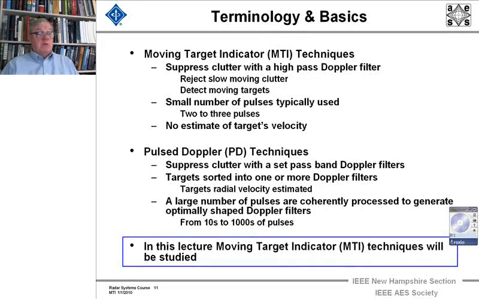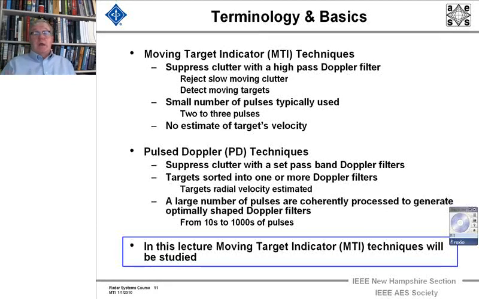And for a low PRF radar, the minimum number of pulses you really need is about 10 to get good suppression on the sides, because the thing that you want to suppress on the side is going to be rain. And 10 is what you need to really suppress it and get the side lobes down low.